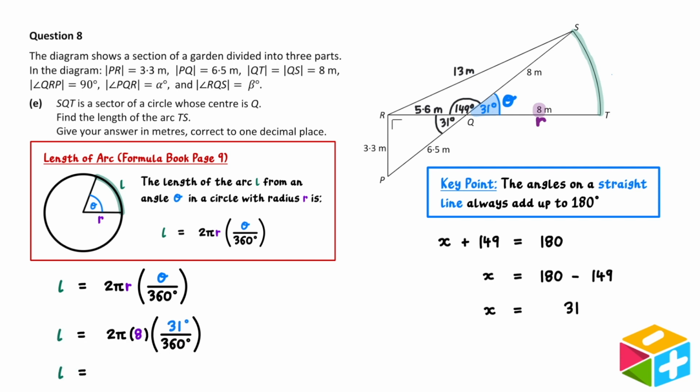Performing the calculation on the right hand side gives us L is equal to 4.3284. We're asked to give our answers in meters correct to one decimal place. So rounding this off gives us our final answer of 4.3 meters.